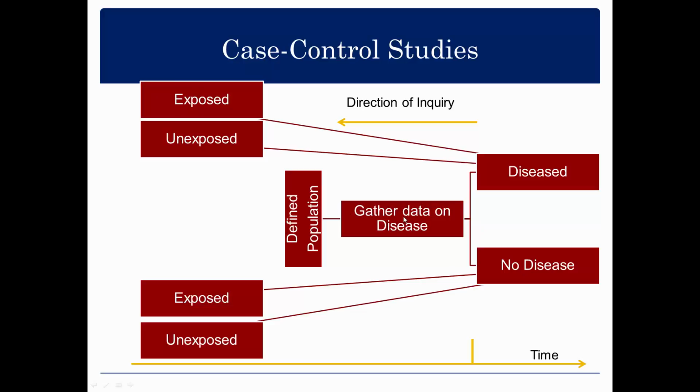So this is common. Think about this in terms of lung cancer. So we have individuals with and without lung cancer. We look back in time to see what their different risk behaviors were. Did they smoke? Were they exposed to something in the workplace that could potentially cause lung cancer? And so our direction of inquiry is backward.